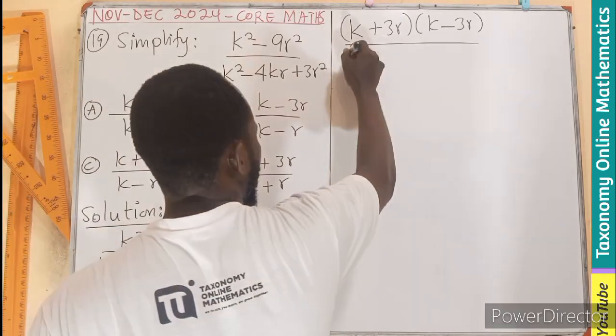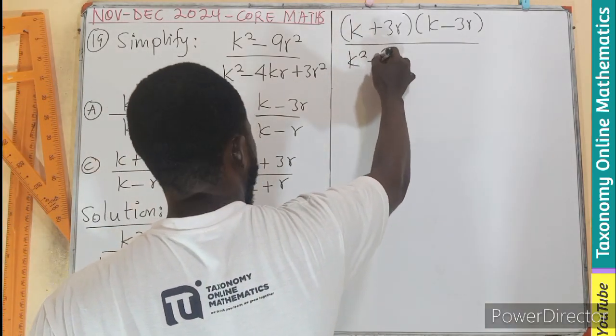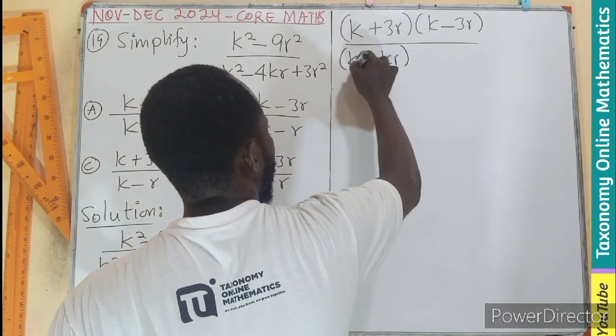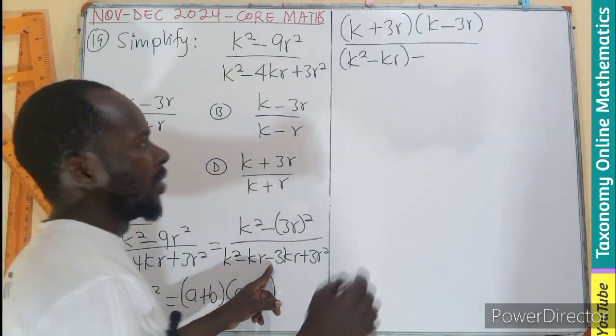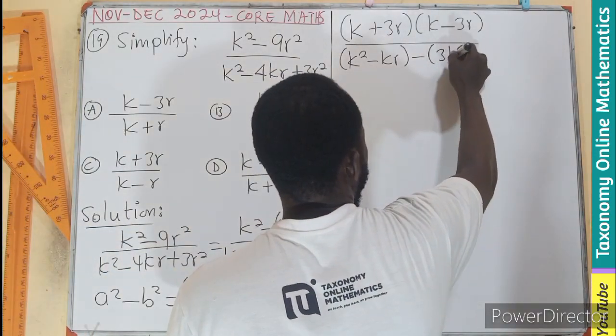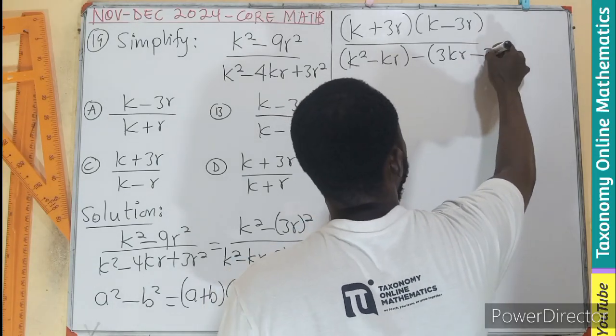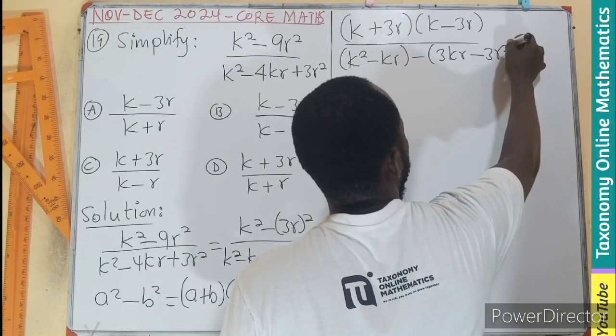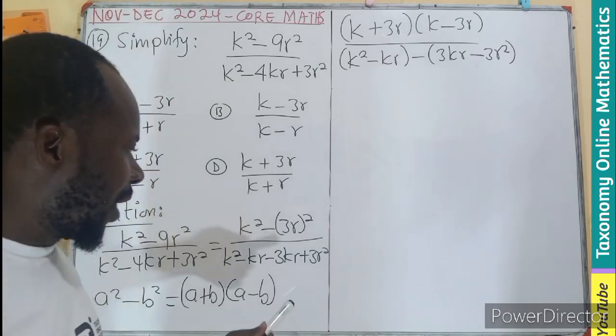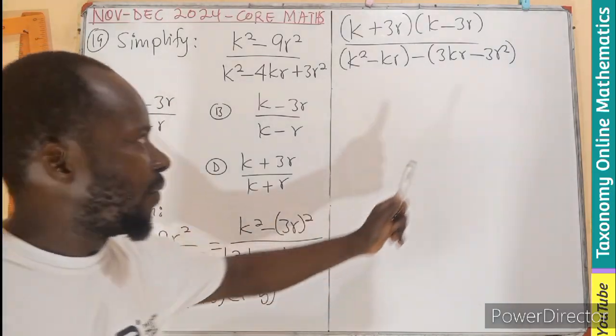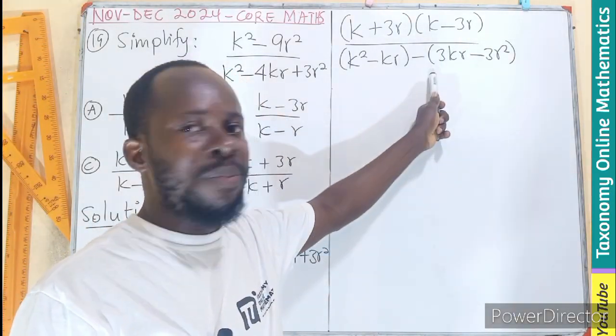So I'll group the first two, k squared minus kr, then minus, into bracket, 3kr minus 3r squared. Now, originally it is plus. We are having minus because of the introduction of the bracket.